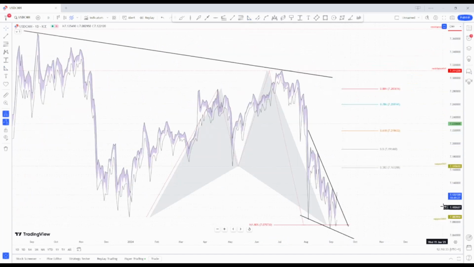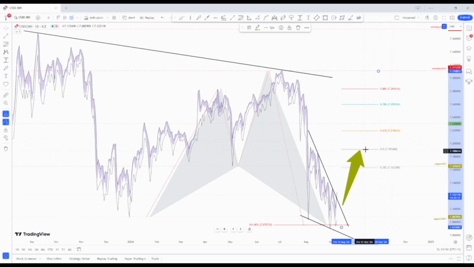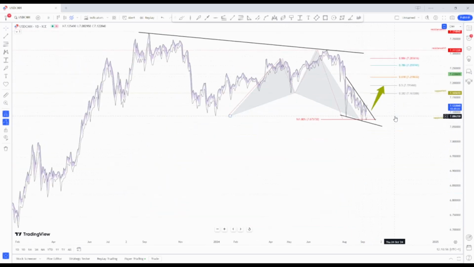So we are already trading at 7.1221. So I believe there's room for this pair to move higher, at least towards the default target 7.1914. Exactly. So that's the 50% Fibonacci retracement level, the default target for this pattern.